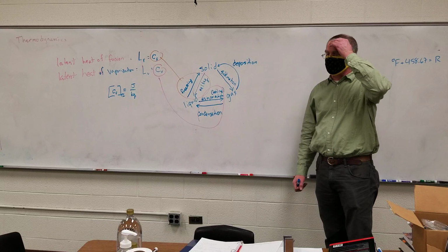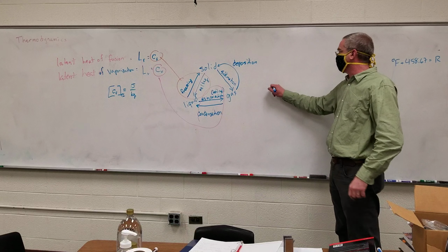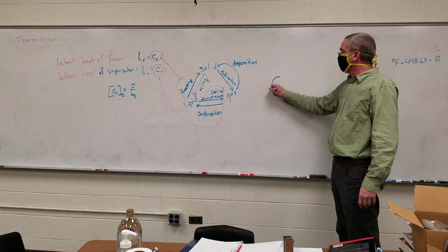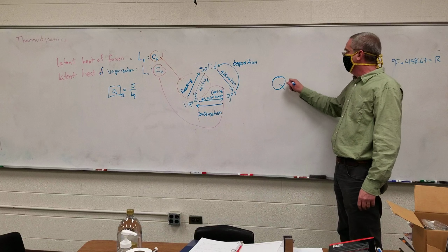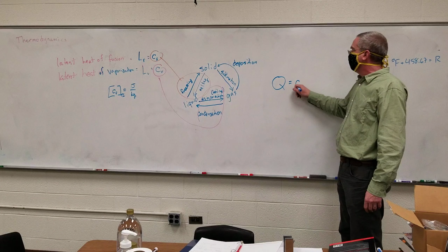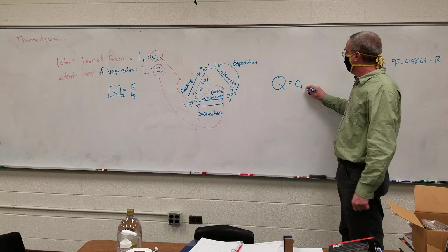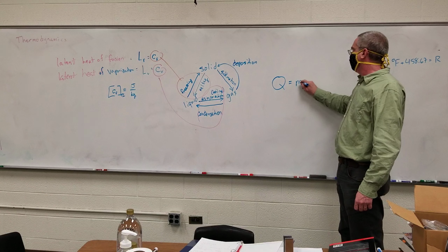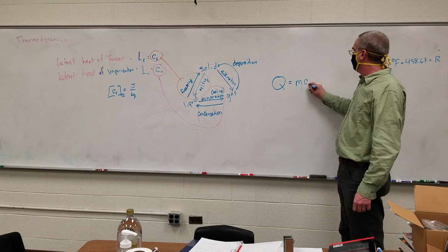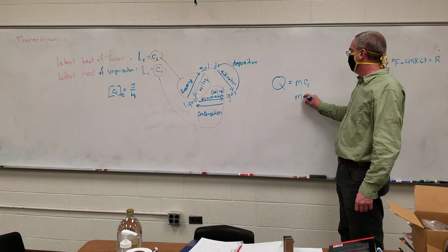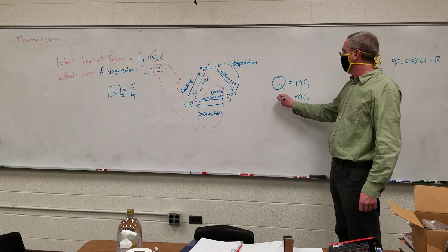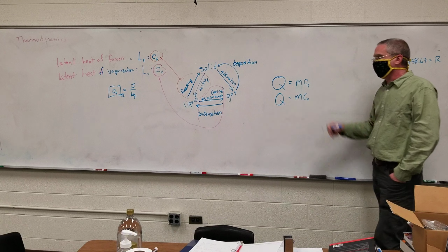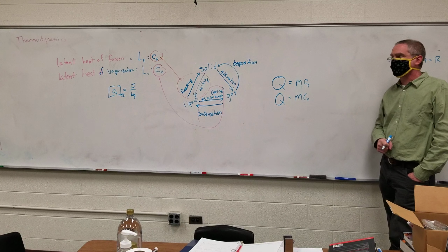All right, so let's go through an example here. First off, the formula. When you're dealing with phase change, Q is equal to mass times CF or CV, depending on which part of the process we're doing.